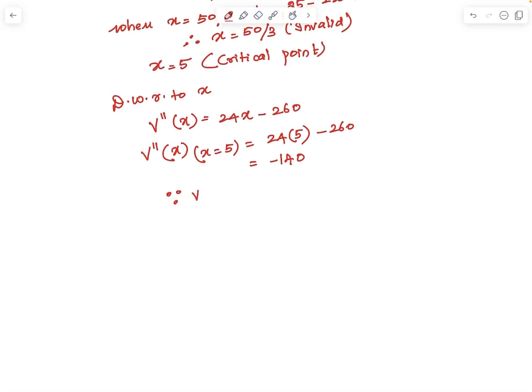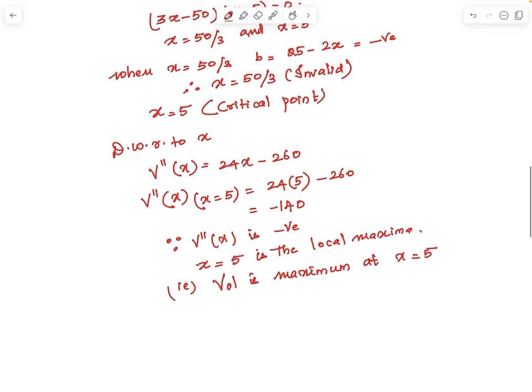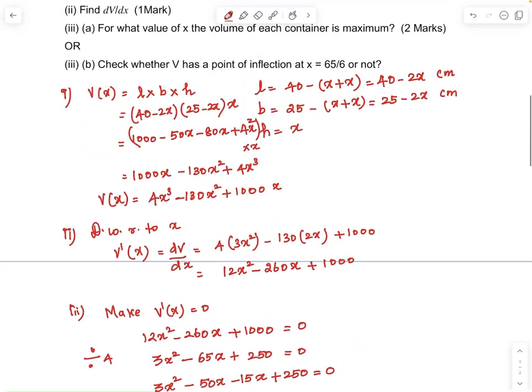Since this V double dash of x is negative, x equal to 5 is the local maxima. That is, the volume is maximum at x equal to 5. So that is the answer for third A.